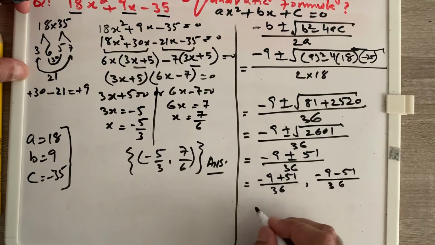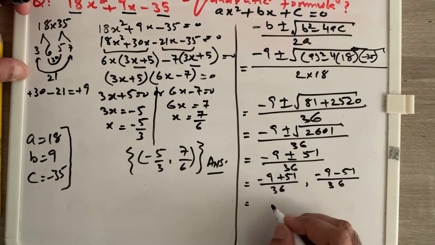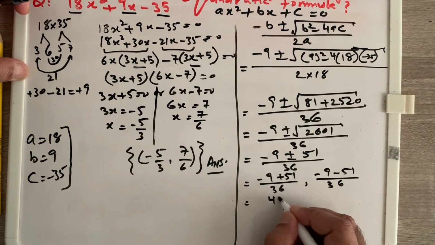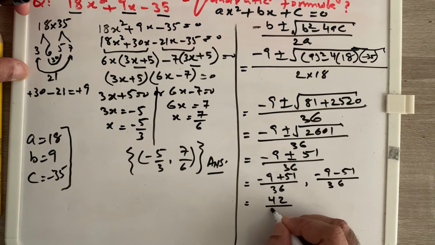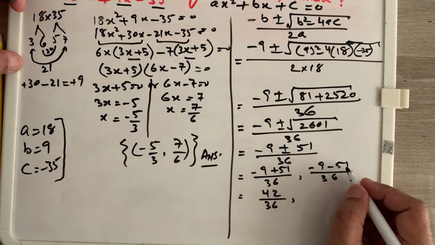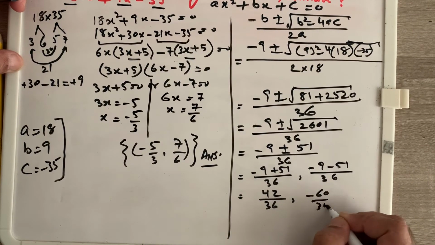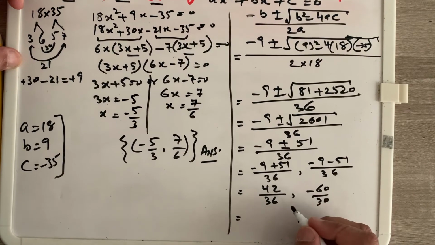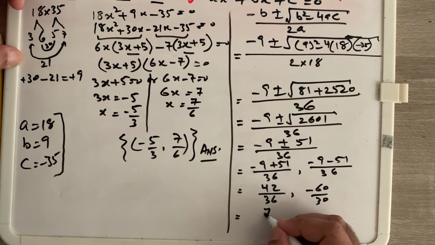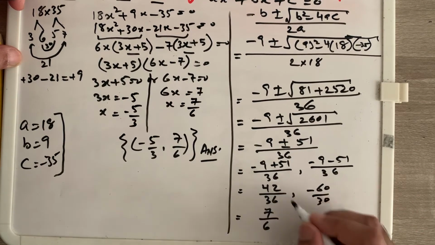So if I do this math, 51 minus 9 is 42 divided by 36, and minus 9 minus 51 will give you minus 60, so minus 60 divided by 36. So I can cut that. This is 7 over 6, since 6 times 6 is 36 and 6 times 7 is 42.